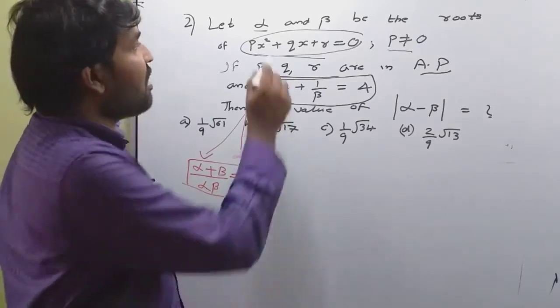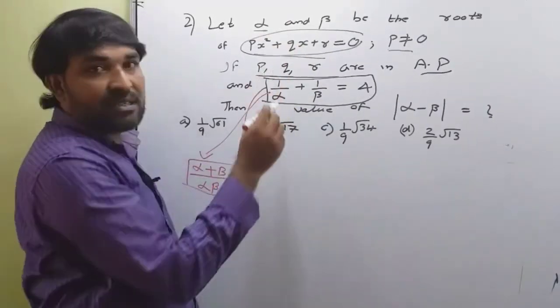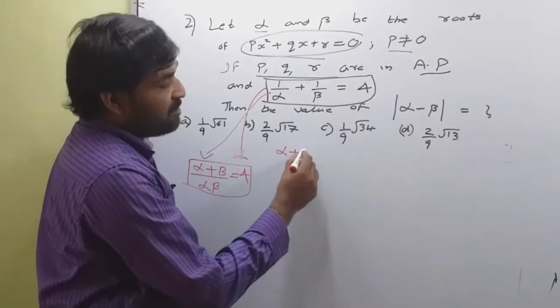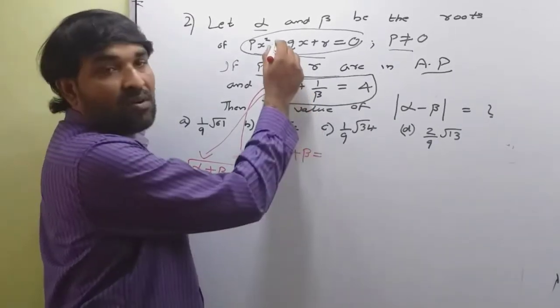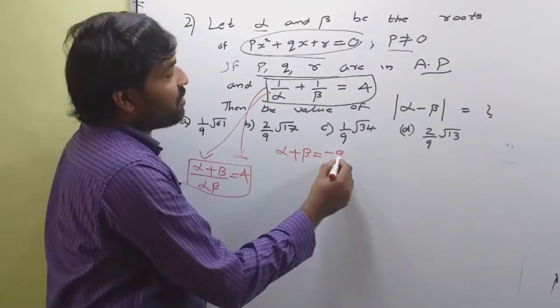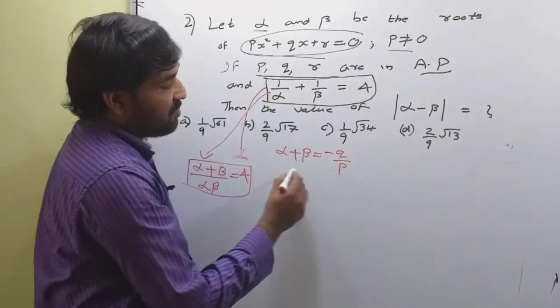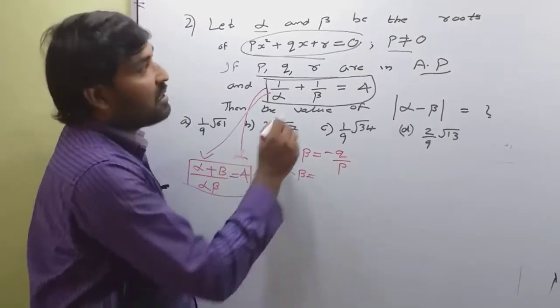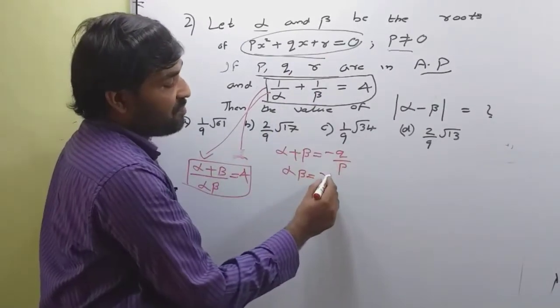Now alpha and beta are the roots. The sum of the roots, alpha plus beta, is equal to minus q by p, and alpha beta, the product of the roots, is equal to r by p.